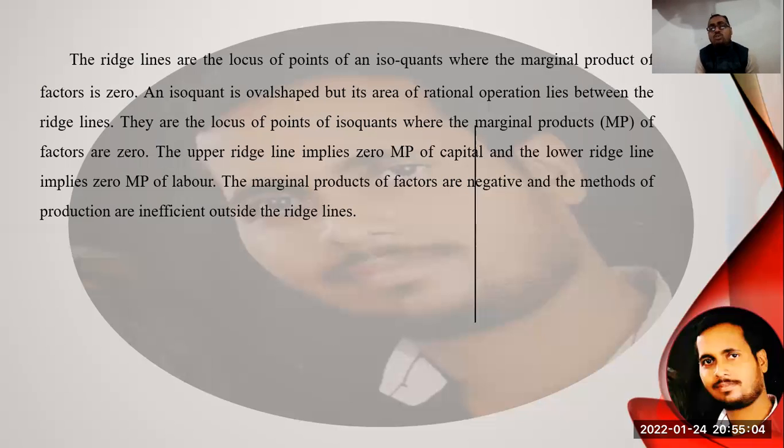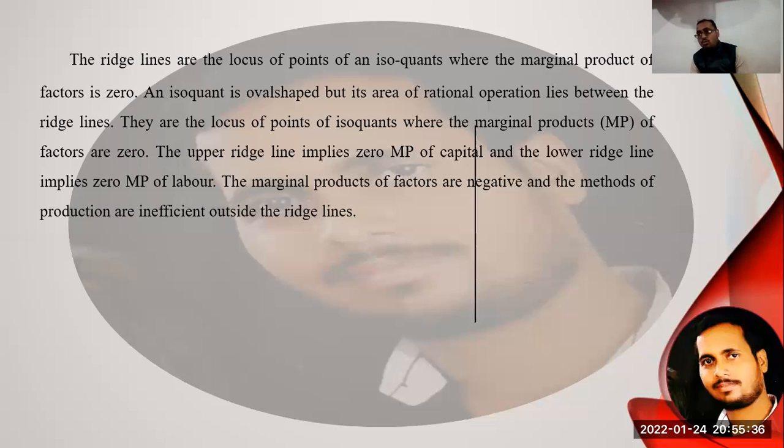Students, an isoquant is oval in shape, but its rational operational area lies between the ridge lines. They are the locus of the points of the isoquant where the marginal productivity of factors is 0. The upper ridge line implies zero marginal productivity of capital, and the lower ridge line implies zero marginal productivity of labor.